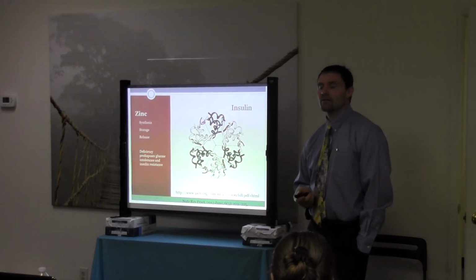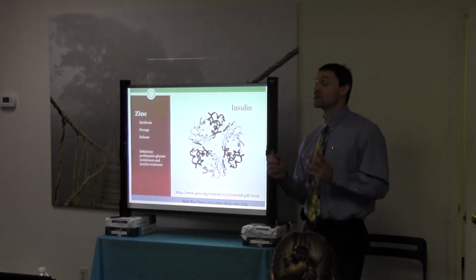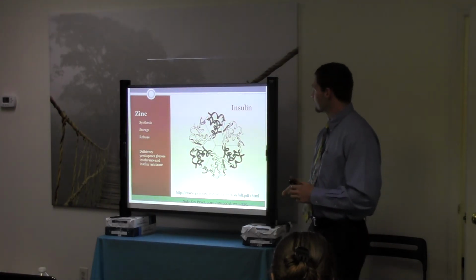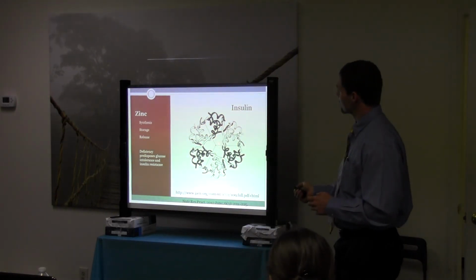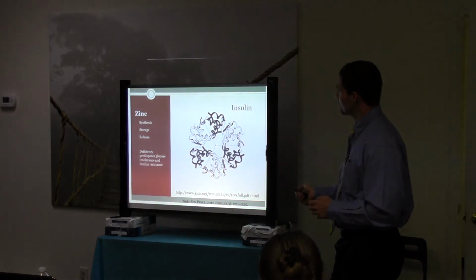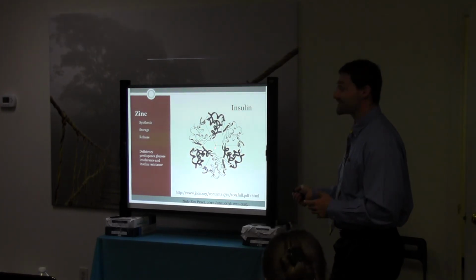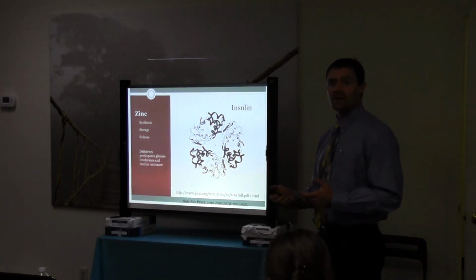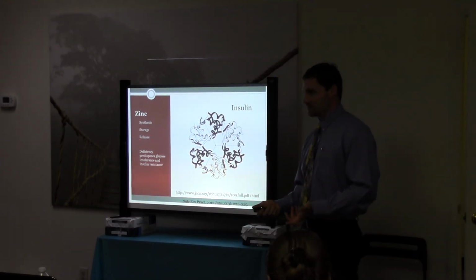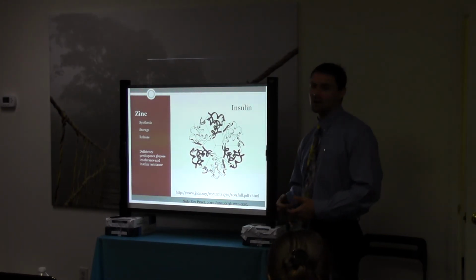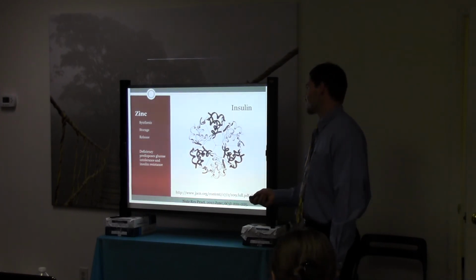What you're going to see in this diagram is your zinc molecule. What I want you to notice is that everything kind of filters into the center here. This center, this insulin molecule, is zinc. So if you don't have adequate zinc, you're not building insulin molecules as efficiently as you need to, right? Not to mention all the other metabolic enzymes that are dependent on zinc in this process.